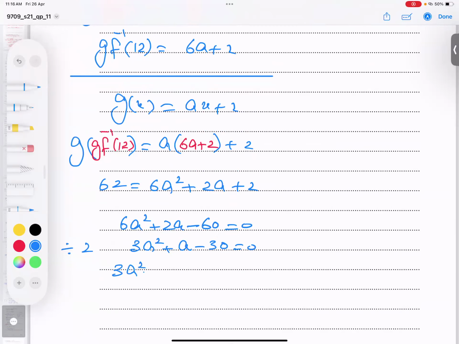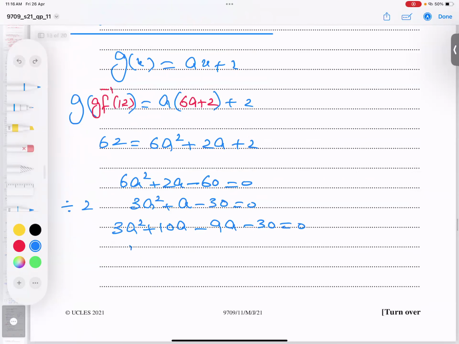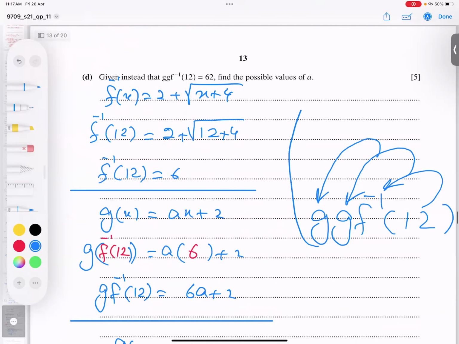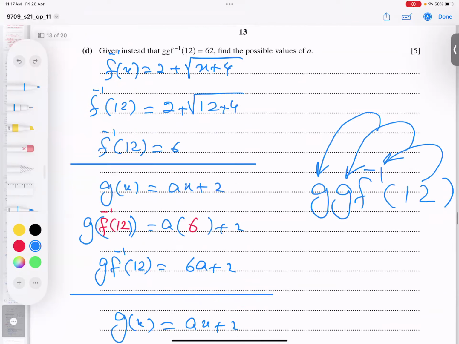I think factorization is easier. 10 9s are 90: 10 positive, 9 negative, or you can go for the quadratic formula. A common, I get 3A plus 10. Negative 3 common, I get 3A plus 10. And 3A plus 10 and A minus 3 is equal to 0. I got A equal to negative 10 by 3, and A is coming positive 3. And he was asking for values of A. I hope this part is clear, student.